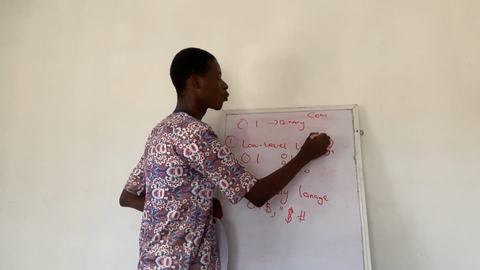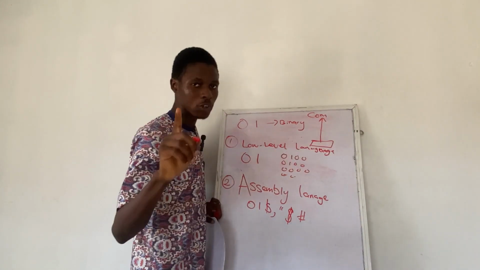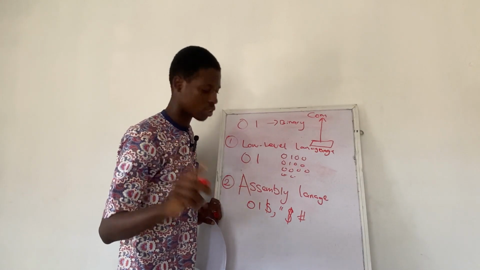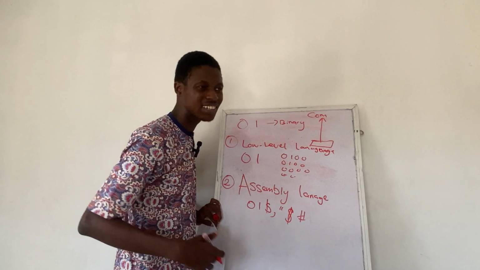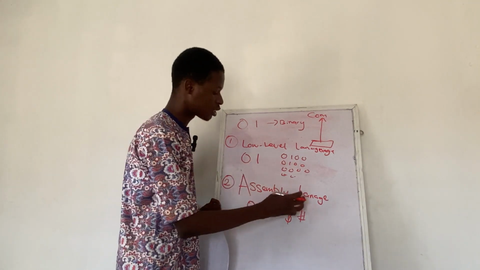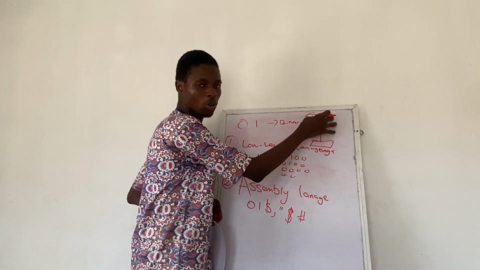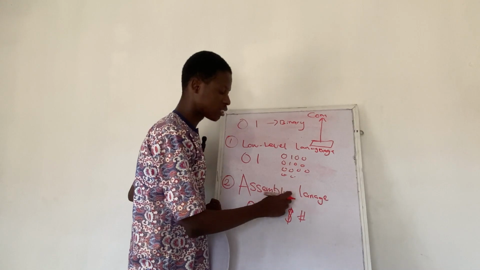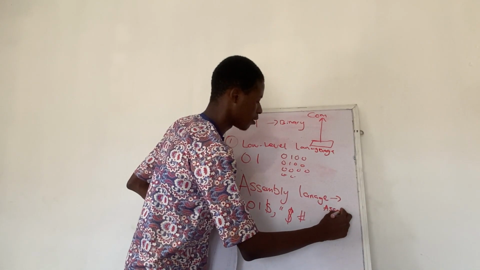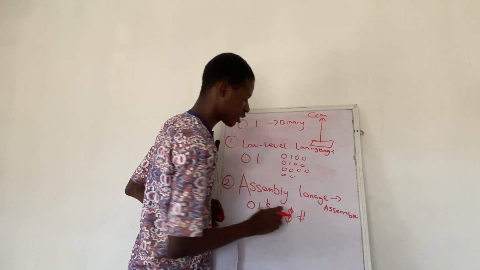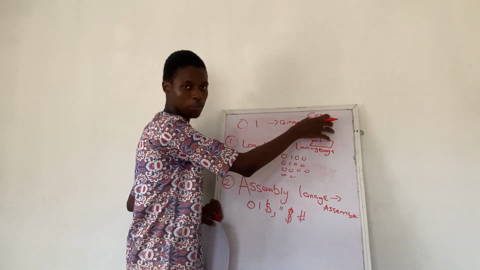It's going to go into the computer, but the computer understands 0 and 1. So if you are writing in assembly language, it needs something like a translator which will translate this into 0 and 1. For this, it makes use of an assembler to translate it into the computer language.